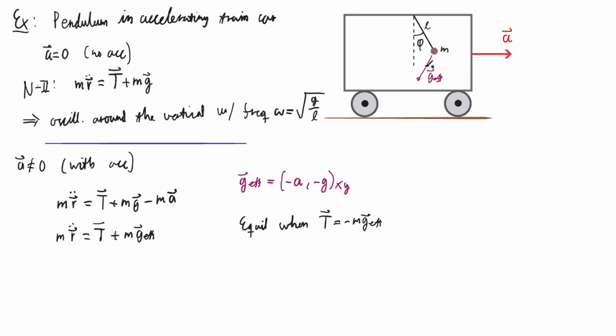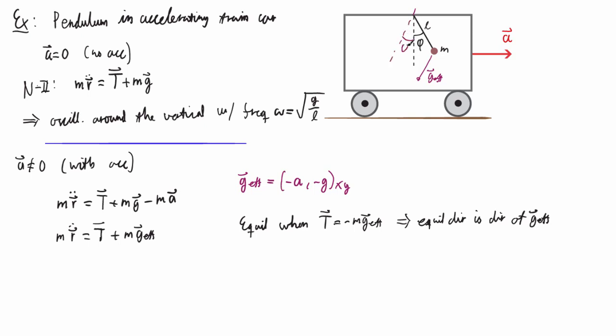So that means that the equilibrium direction is the direction of g effective. The reason why in the inertial case the pendulum swings around the vertical direction is because the force of gravity points downward. Now we have replaced the acceleration due to gravity with an effective acceleration due to gravity, which points downwards to the left.